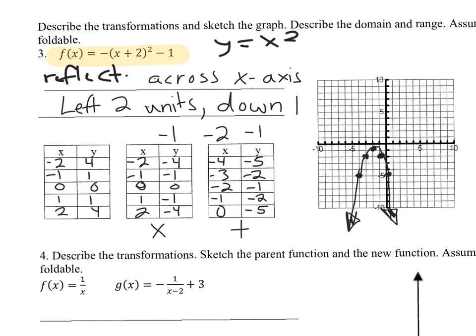Now, for those of you who are maybe still trying to figure out what this whole reflection business means, when I say reflect across the x-axis, let's take a look at the original. The original parent function x squared looks something like this. I did a poor drawing of it, but it initially looks like this. Now, if I wanted to reflect it across the x-axis, it's going to flip over, and it's now going to be flipping down.